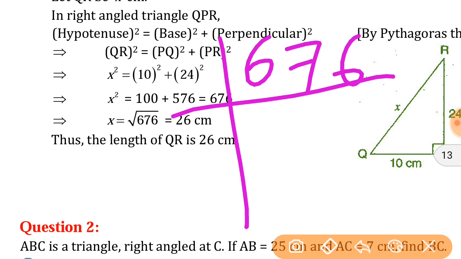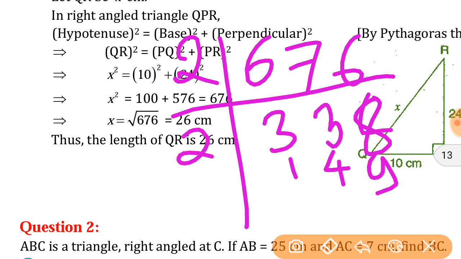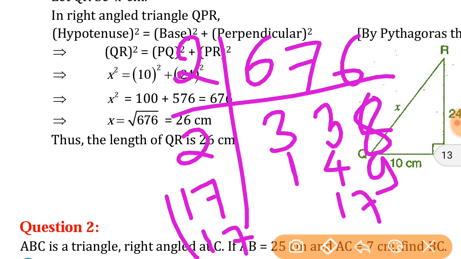We can start by 2. 2 3s are 6, 2 8s are 16, then again 2 1s are 12, 2 9s are 18. See, 149 comes. Is it 17? 17 into 17. Not 17, sorry.